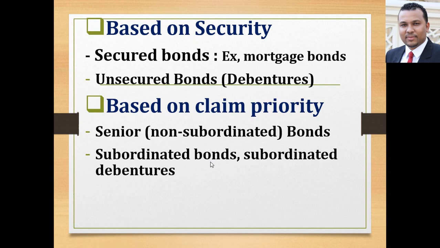Because subordinated bonds are unsecured, we can call them subordinated debentures. We combine debentures with no collateral and subordinate priority, number two after the senior bondholders.